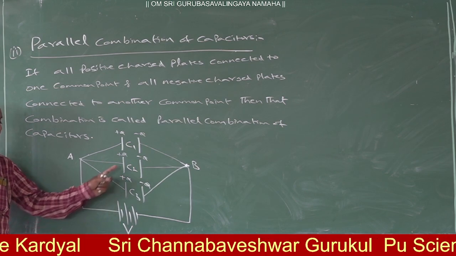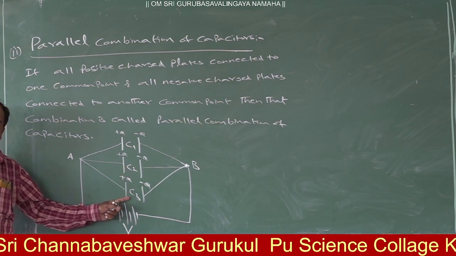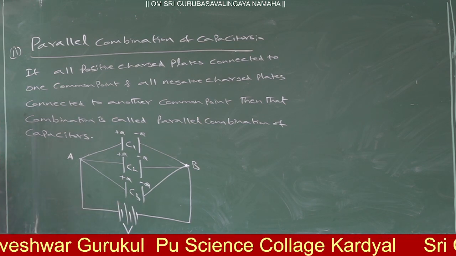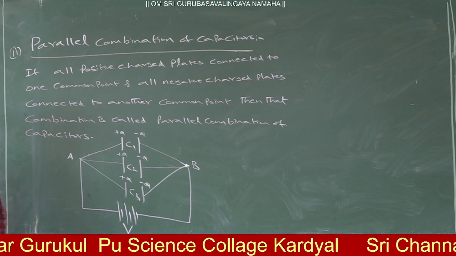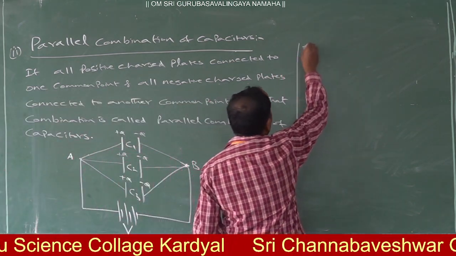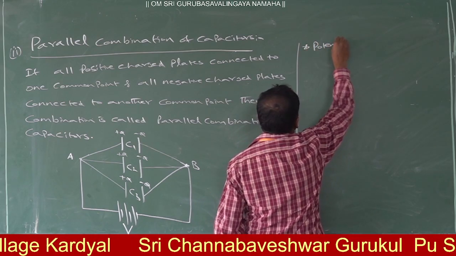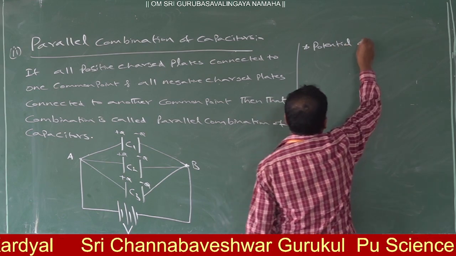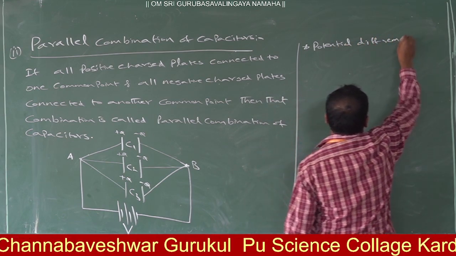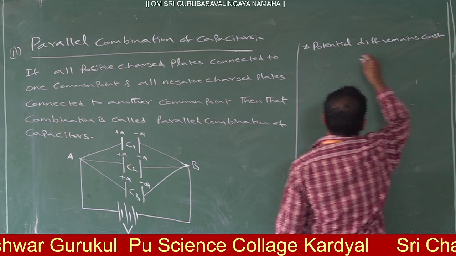V. Across C2 capacitor? V. Across C3 capacitor? V. That means across each capacitor, what is the potential? V. So here, what you should remember, in parallel combination, potential difference remains constant.